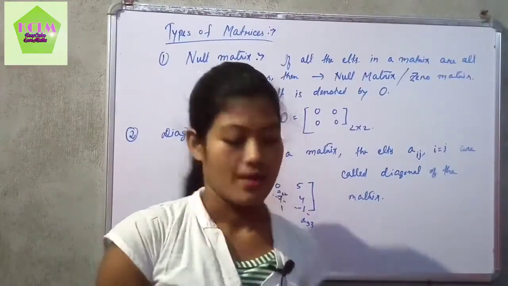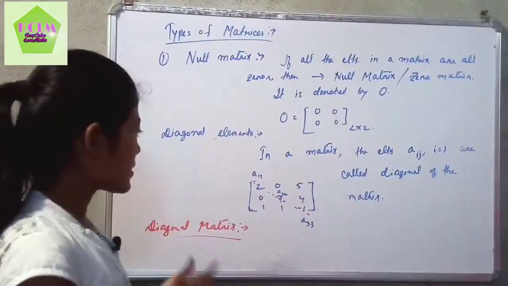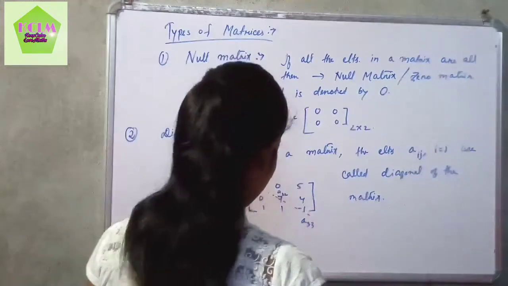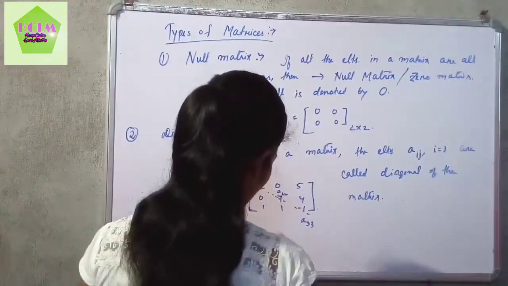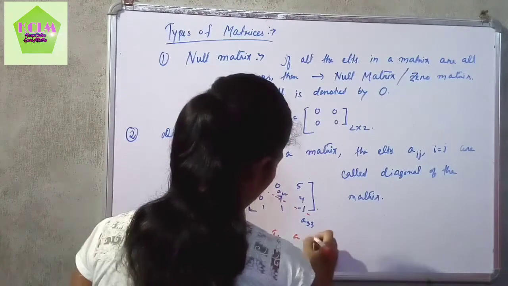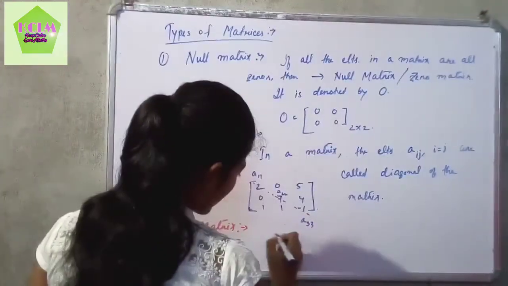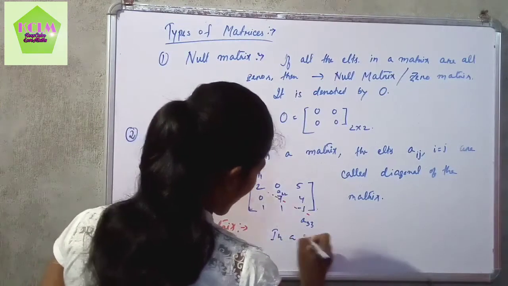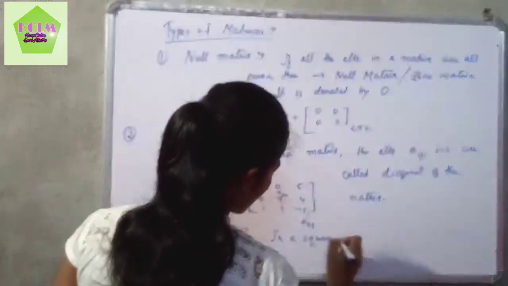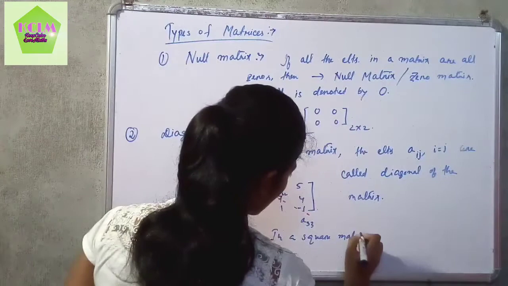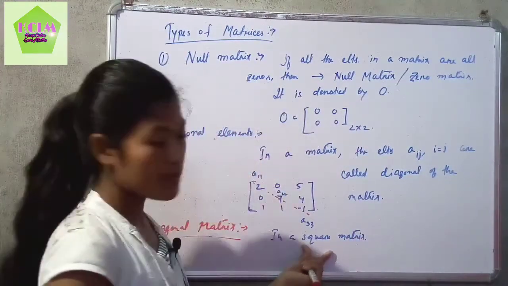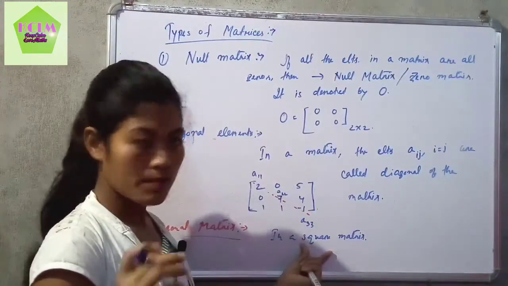So, diagonal matrix. You have to take a square matrix. Square matrix means the number of rows and number of columns are equal.